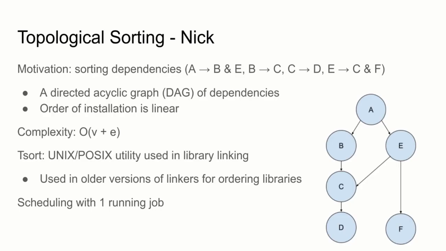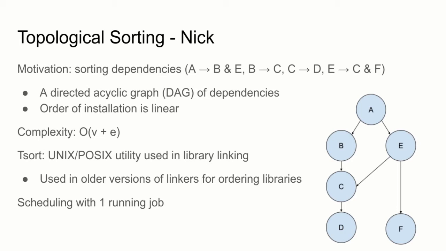So now I will talk about the topological sort, which is a very interesting algorithm because it takes a directed acyclic graph of, say, dependencies. If you're installing, say, an npm package which defines a set of dependencies, or a Linux package which defines a set of dependencies that it needs, but your installer can only do things linearly.